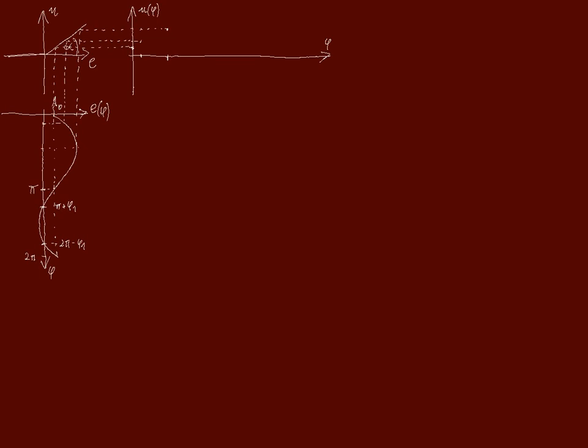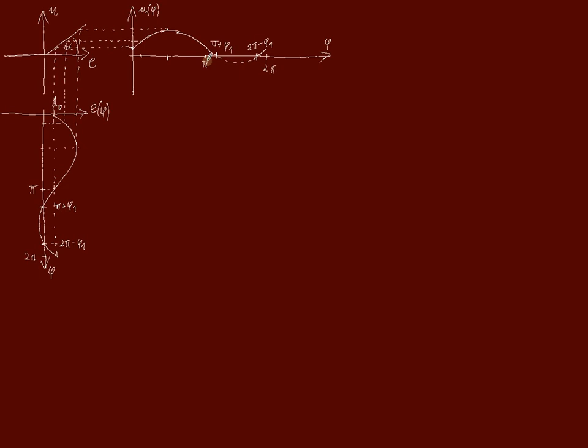So we need to draw the sign on the graph u of phi. This would be a full sign if we had a linear object, that is, if the entire characteristic was inclined at the same alpha angle.